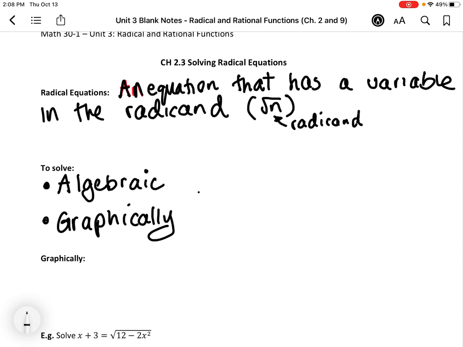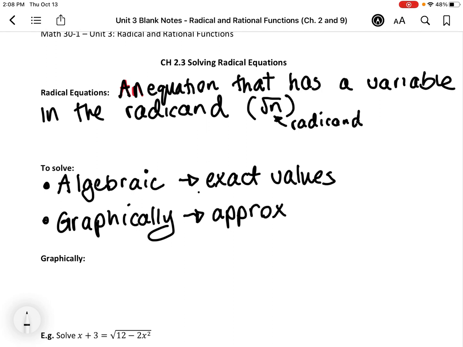But one thing that I want to really emphasize is that the algebraic solution will always get you exact values. And if your solutions are irrational numbers, then graphically you will only get approximate values. So you need to watch out for that. If you are asked for exact values, you have to solve algebraically, okay?